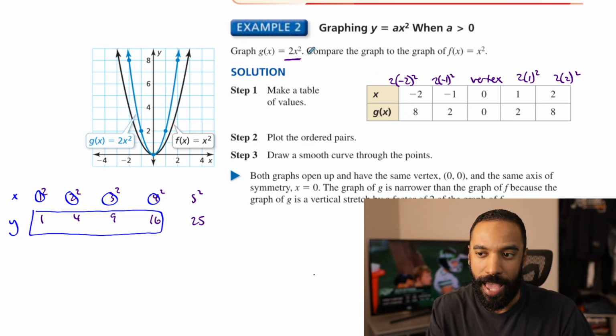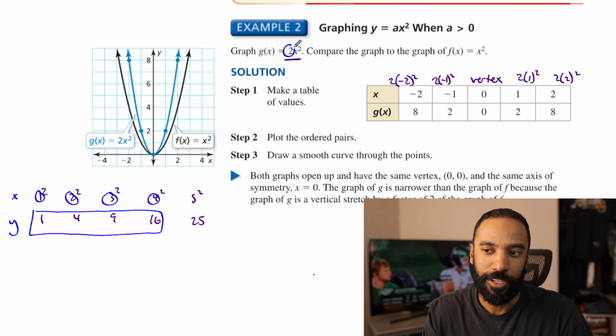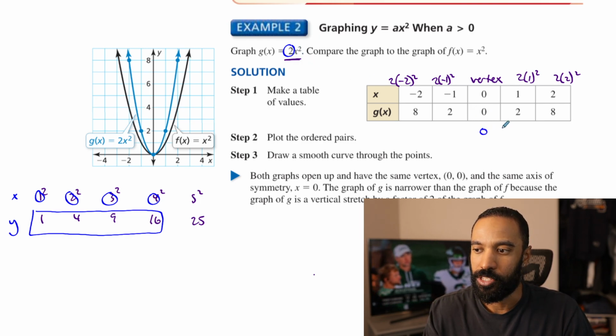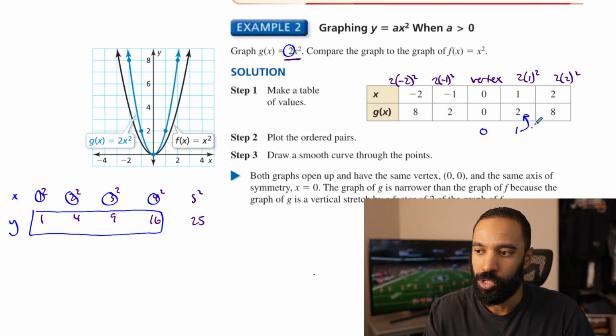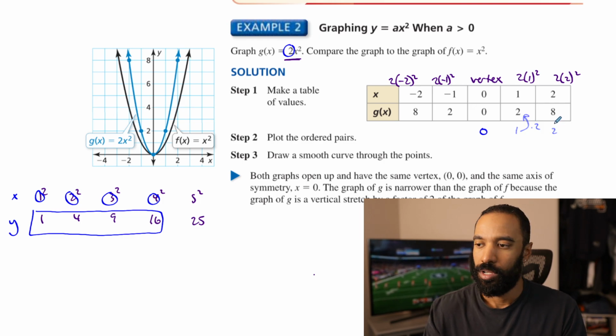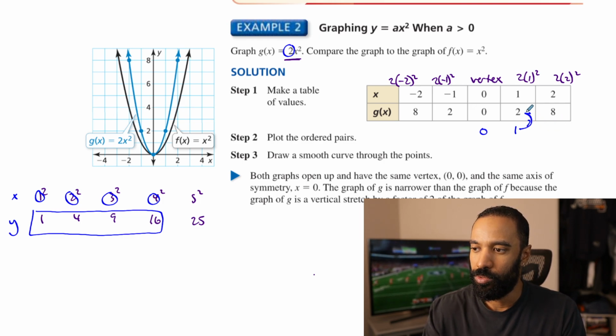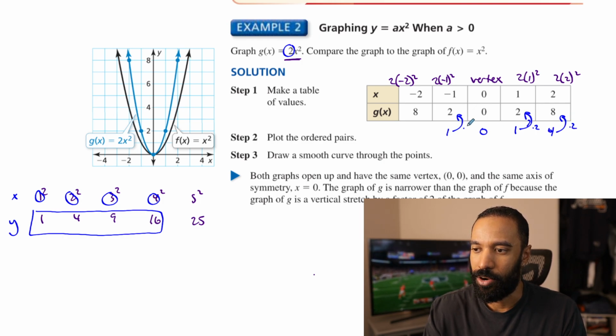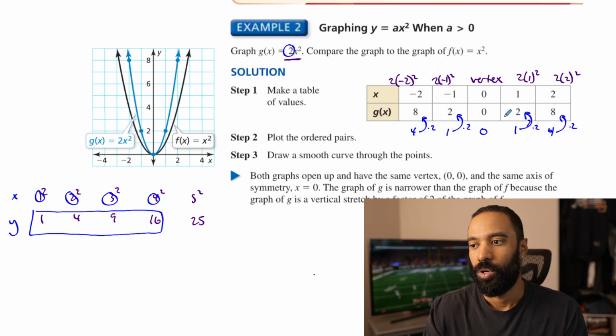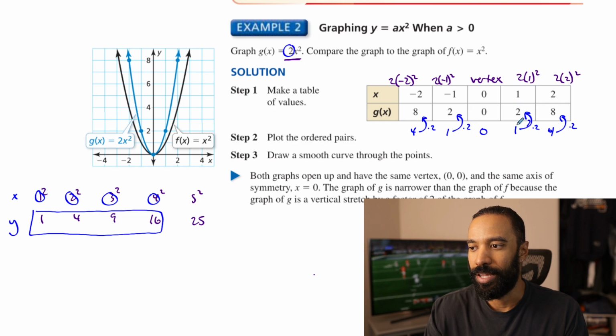But the a value of 2 vertically stretches those numbers. Check this out. 1 times 2 is 2. 4 times 2 is 8, etc. I'm taking the perfect square values of over 1, up 1, doubled.